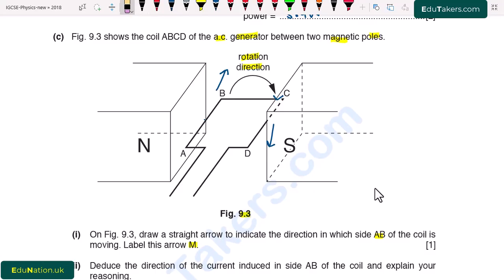So I will erase this, and here we have to draw the direction in which the side AB of the coil is moving. It means that the coil from the AB side is moving in upward direction, and we have to label it with M. So I will draw this.